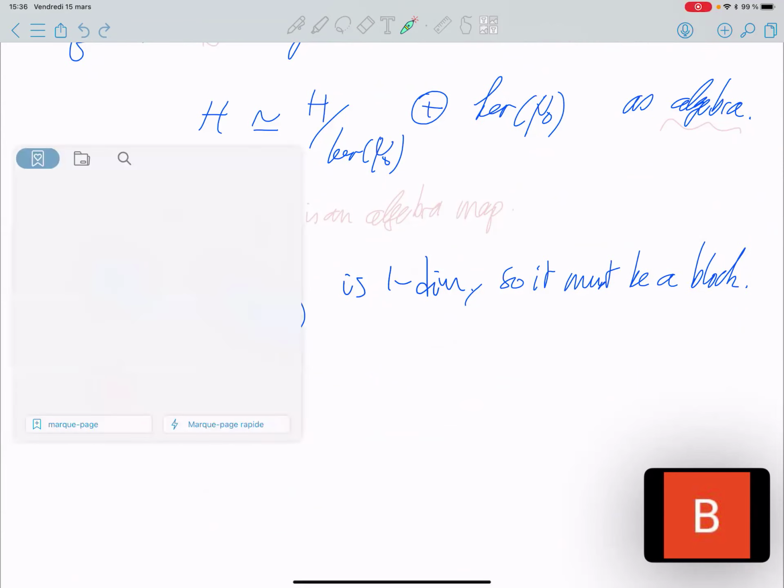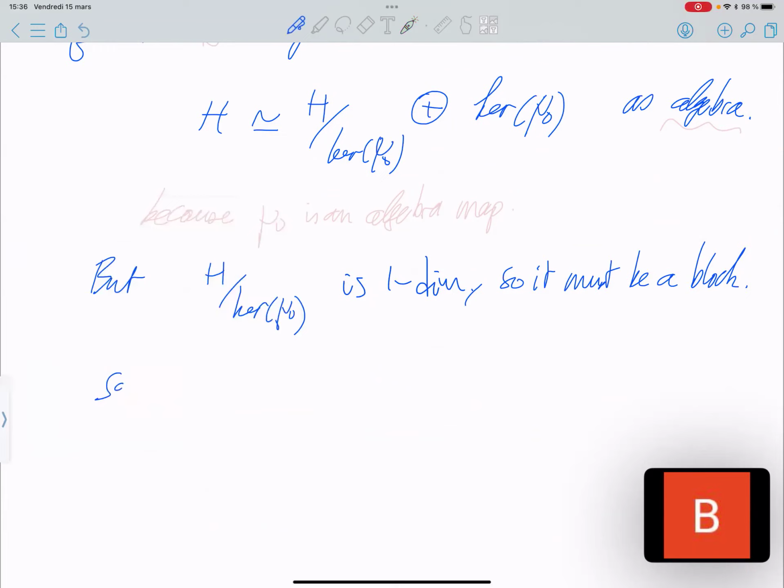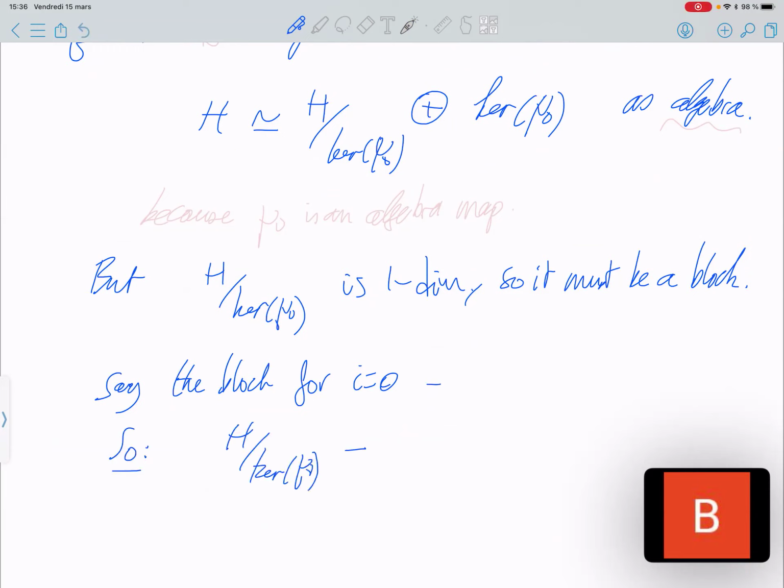Say the block for I equals 0. So this block of H is equal to C. We can identify it, in fact.